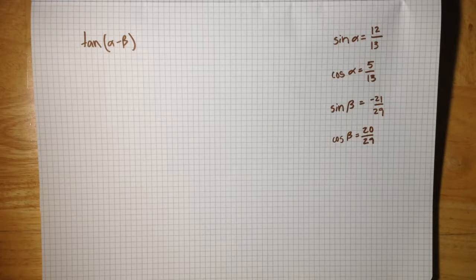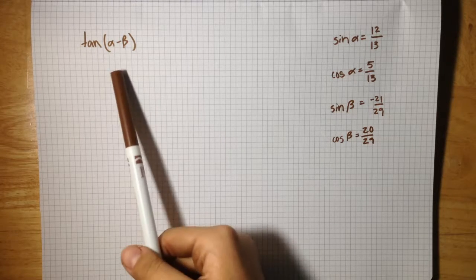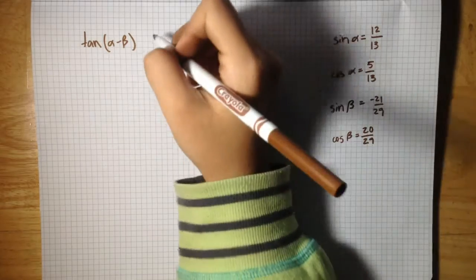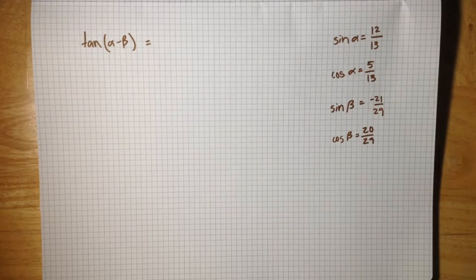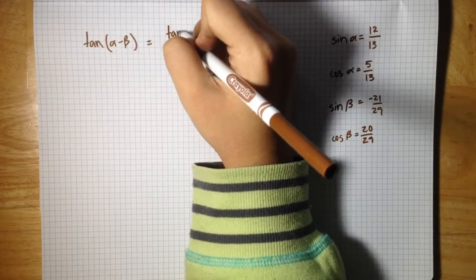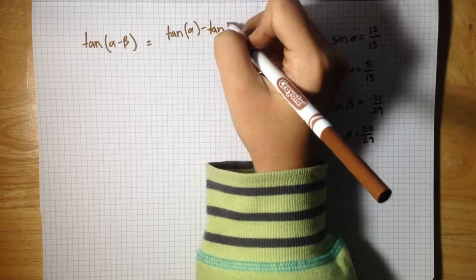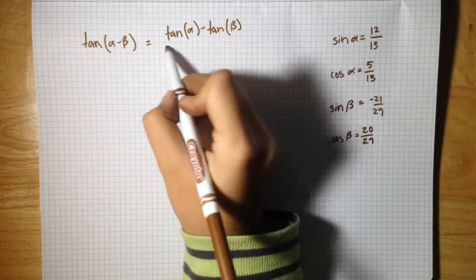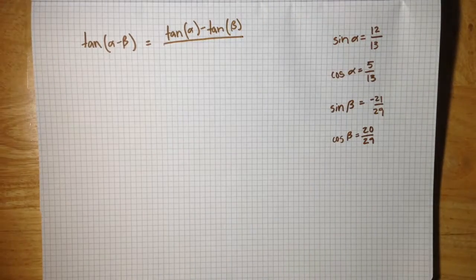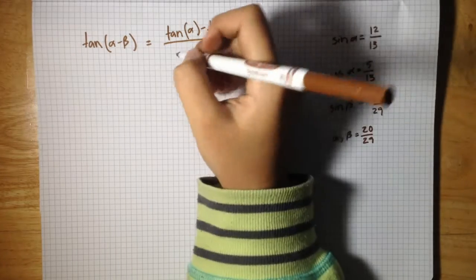The third part of the original question was find the tangent of alpha minus beta. To find this, I'm going to use the equation tangent of alpha minus beta is equal to tangent of alpha minus tangent of beta divided by 1 plus tangent of alpha times tangent of beta.